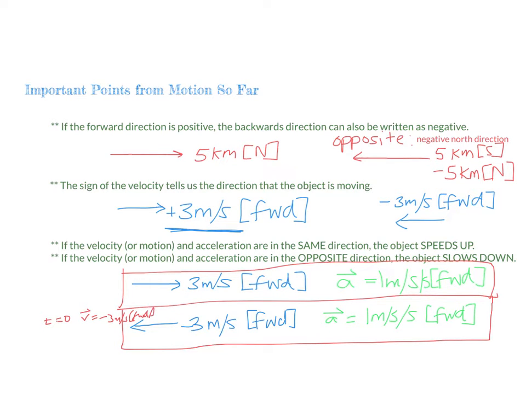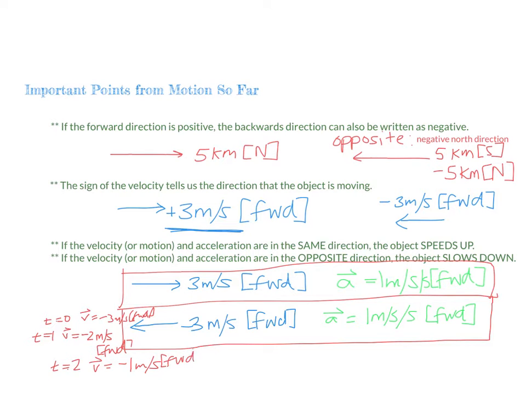forward. And then at time 1, I'm adding 1 meter per second. So my velocity would be negative 3 add 1, or negative 2 meters per second forward. And if I checked at time 2, my velocity would add another 1 meter per second, so negative 2 plus 1 would be negative 1 meter per second forward.